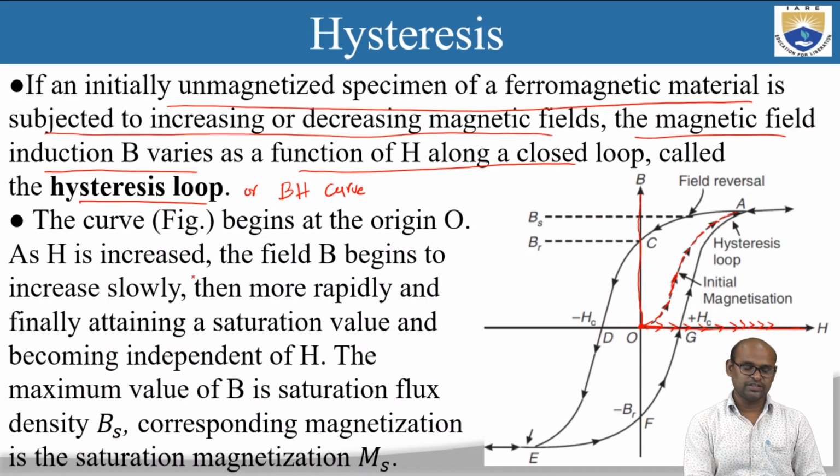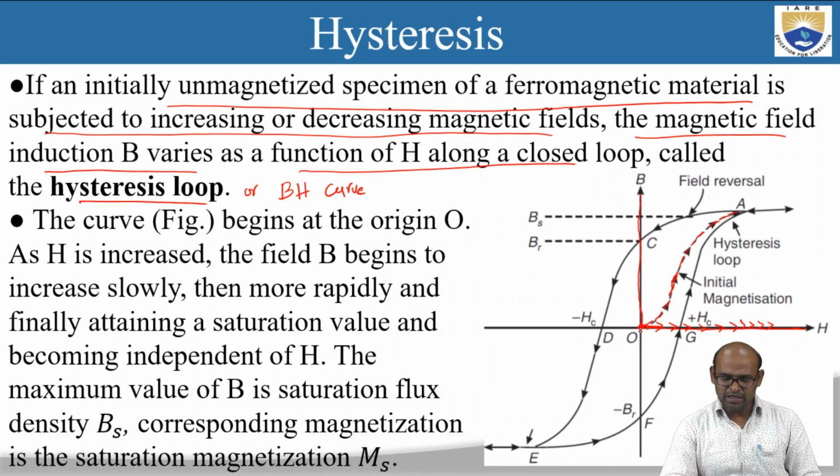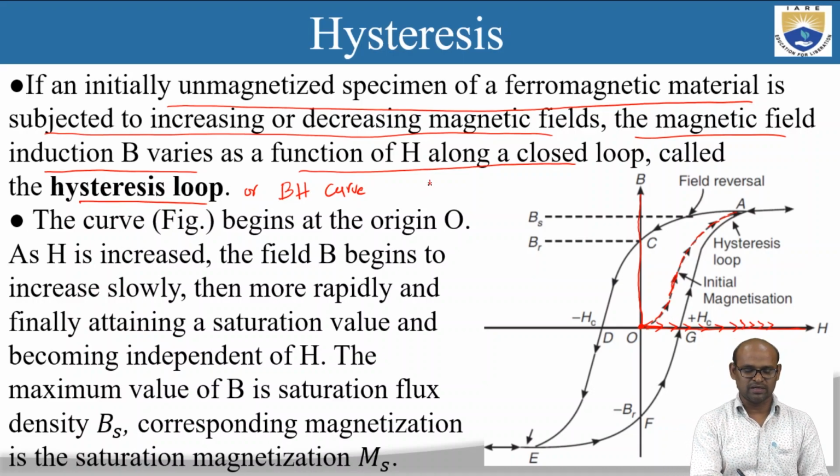As H is increased, the field begins to increase slowly and then more rapidly, finally attaining a saturation value and becoming independent of H. We have already defined magnetic field induction: B is magnetic flux per unit area.